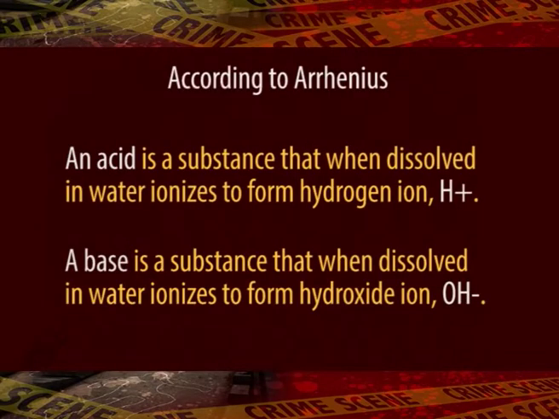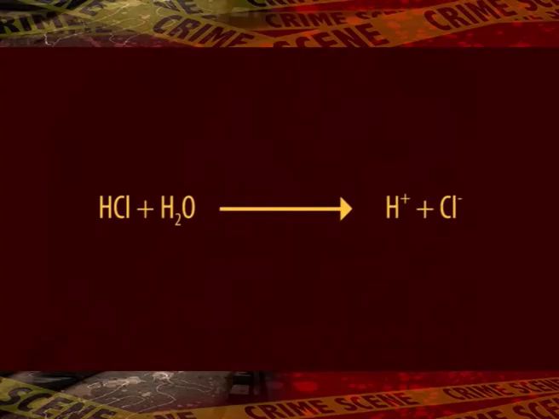According to Arrhenius, an acid is a substance that, when dissolved in water, ionizes to form hydrogen ion. A base is a substance that, when dissolved in water, ionizes to form hydroxide ion. Example for acids: when hydrogen chloride, HCl, is added to water, it ionizes to form H plus ion and Cl minus ion. The equation which describes this process is HCl plus H2O gives H plus and Cl minus ions.